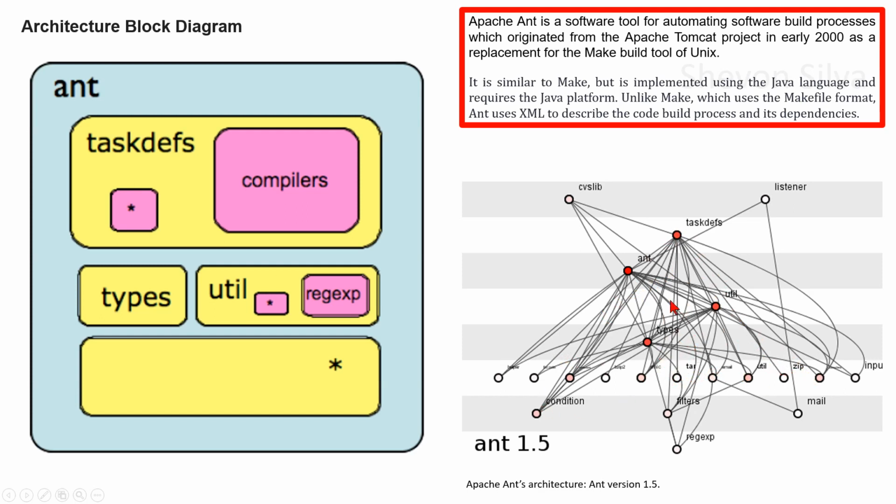And here you can see Ant interacts with typedefs, listener, types, CVSlib, util, etc. Here you can see types interacts with the Taskdefs and util, CVSlib, util, zip, etc. Here you can see listener interacts with Ant and mail.